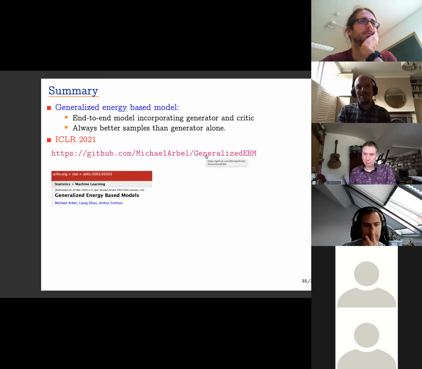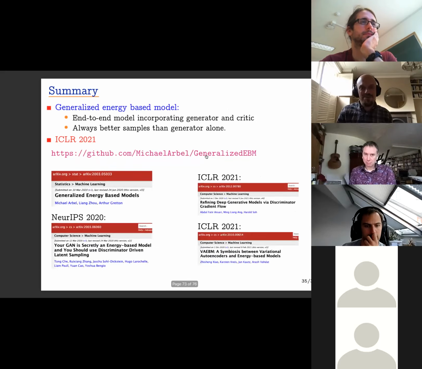I'll also say that this is an idea which has appeared, I think, in related form many times recently. It's an idea which has become quite popular, which is this idea of modifying the latent space of a GAN to get better samples out. Our two papers here actually came out within, I think, 2 weeks of each other.